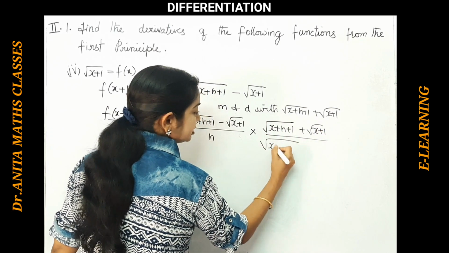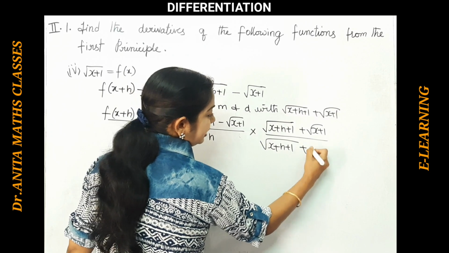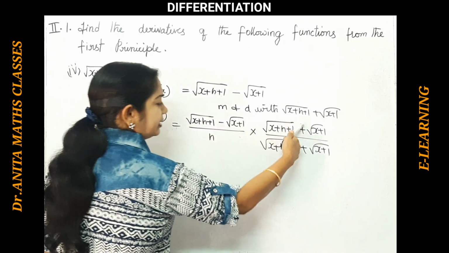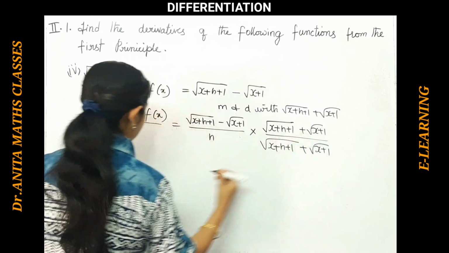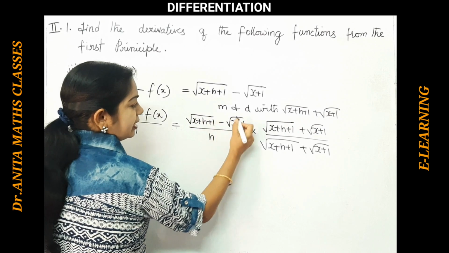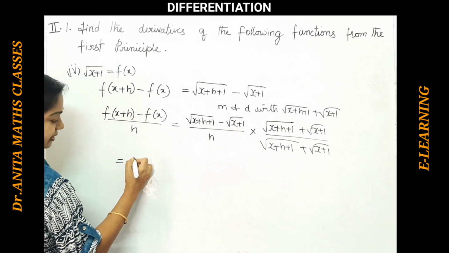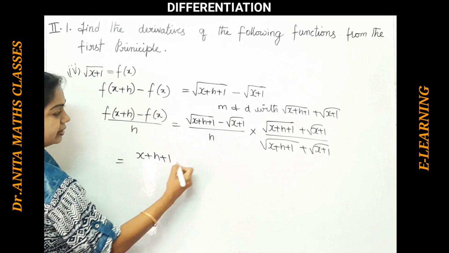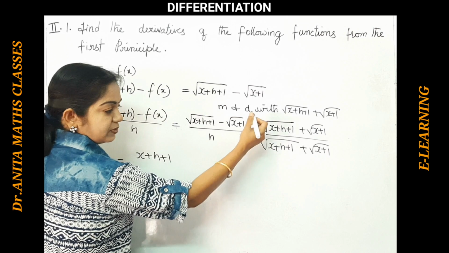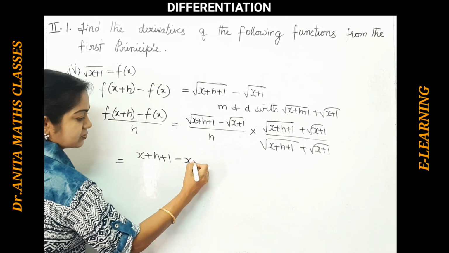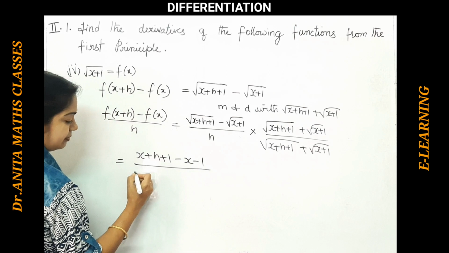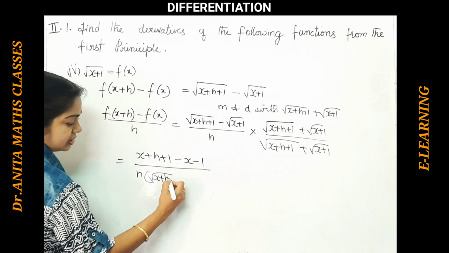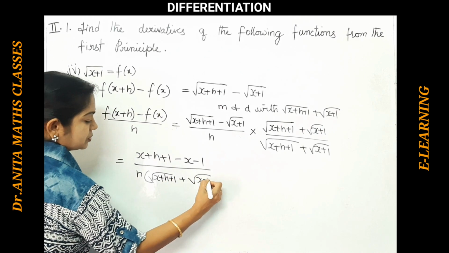There won't be any change in the function if you multiply and divide. If you see the numerator part, this is a minus b, a plus b, so that comes to a square minus b square, where a is this and b is this part. So square root and square go off, x plus h plus 1, and b square, again square root and square go off, minus x minus 1, divided by h into under root x plus h plus 1 plus under root x plus 1.